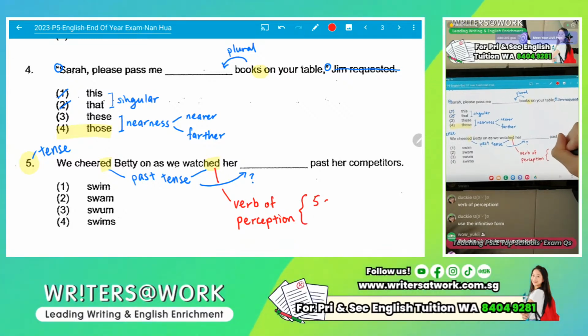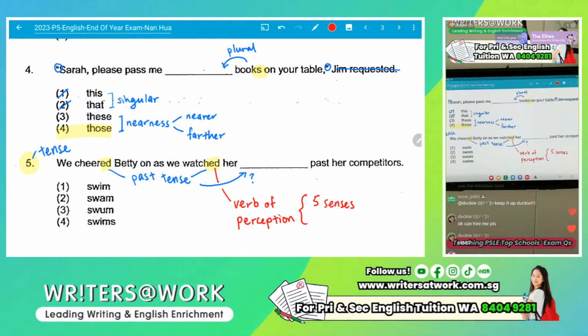Okay, your sense of sight, your sense of smell, your sense of touch, your sense of taste, and your sense of hearing. Right. Okay. So when you have a verb of perception, what follows it no longer obeys the verb tense of the sentence. Okay. What follows it must be the base form. Okay.